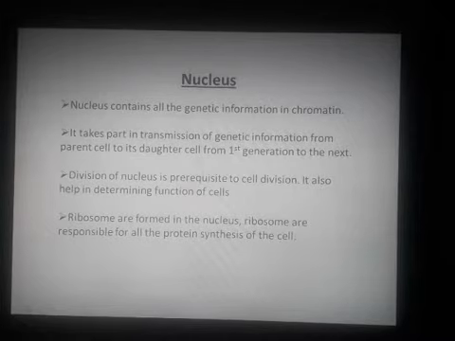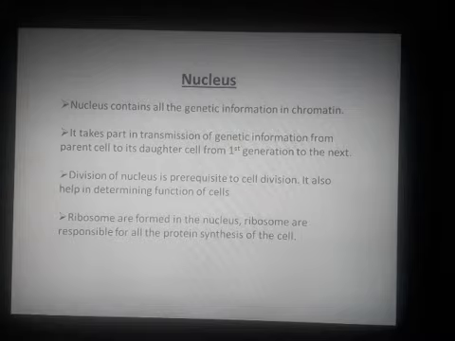That means whatever characteristics you get from your parents are contained inside the nucleus, in chromatin, which contains a single DNA molecule. When condensed, this chromatin forms chromosomes, and the chromosomes contain the genetic information that is passed from one generation to the next, that is from parent to offspring.